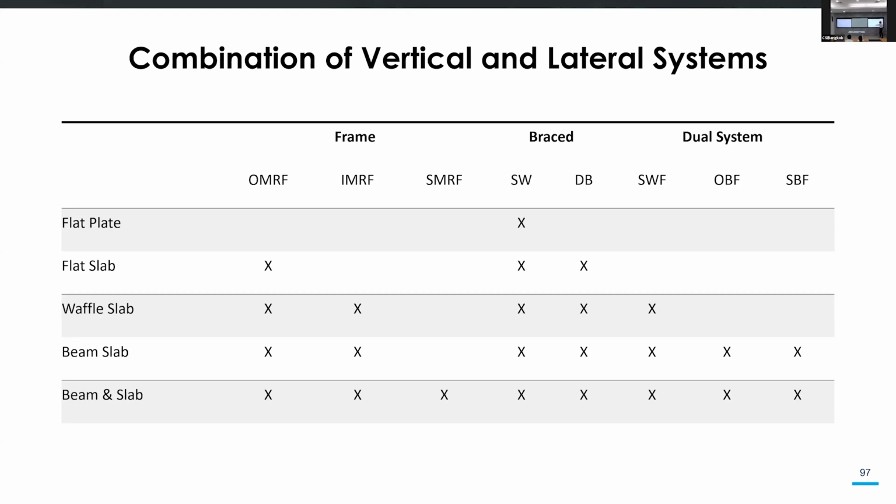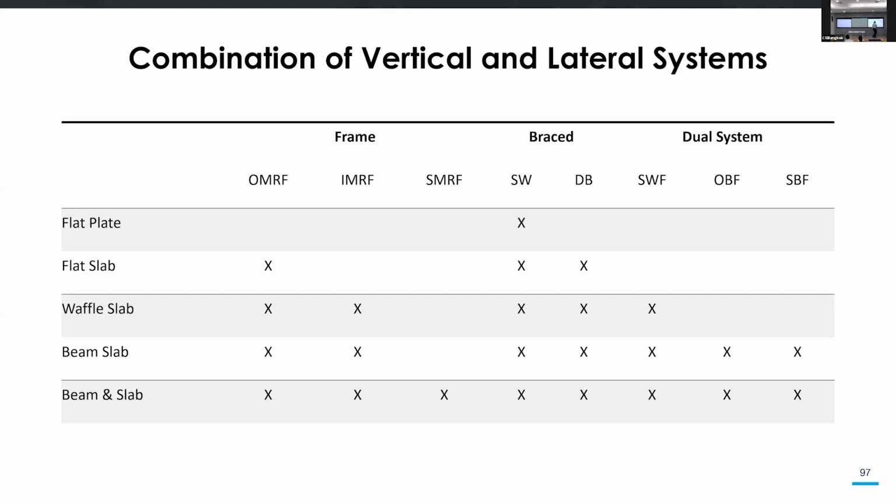So if you have those kinds of details, then as you can see here, you cannot mix them together. Flat plate, you can only mix with shear wall and brace system. You cannot use them alone in any of these systems. You must have a brace system, or even not a dual system. So once again, this is a good matrix to show when you can combine the gravity load system with another lateral load system.